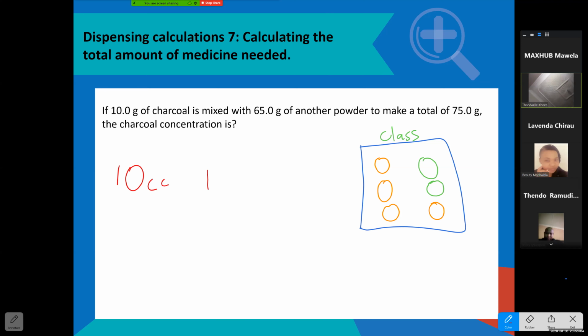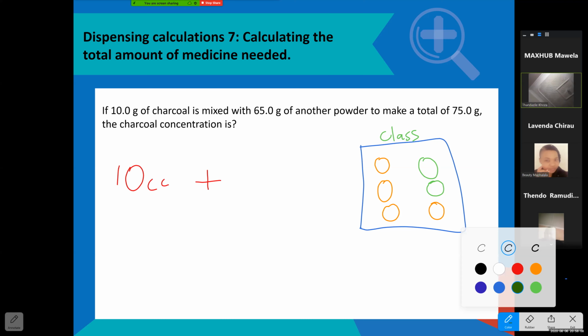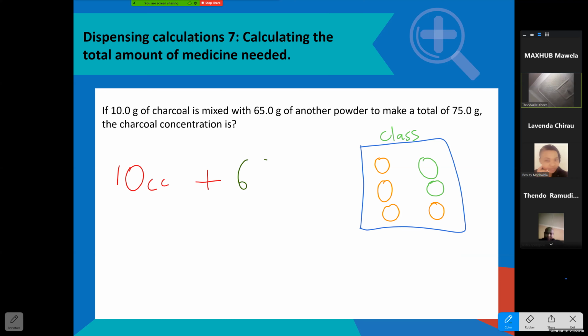It is mixed with 65 grams of another powder, which we don't know the name of. Now, the question is, what is the concentration? What is the percentage contribution of the charcoal in the whole solution?